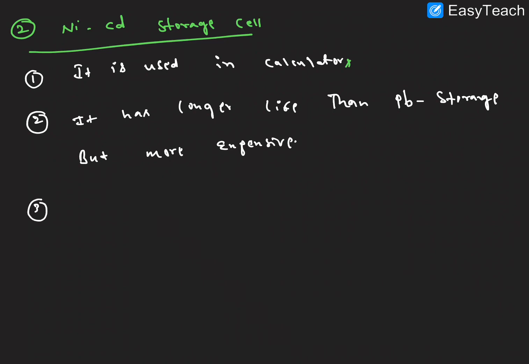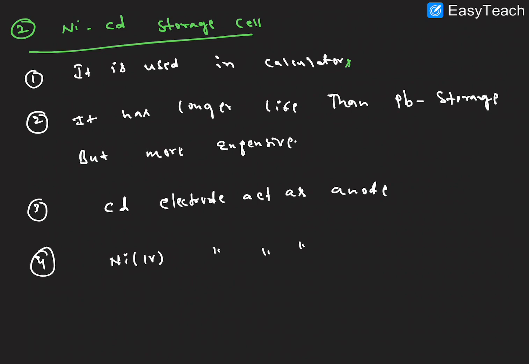Next, the third point: the cadmium electrode acts as the anode, and the fourth point: the nickel 4+ electrode acts as the cathode. I hope it is clear. These two electrodes are immersed in KOH solution.